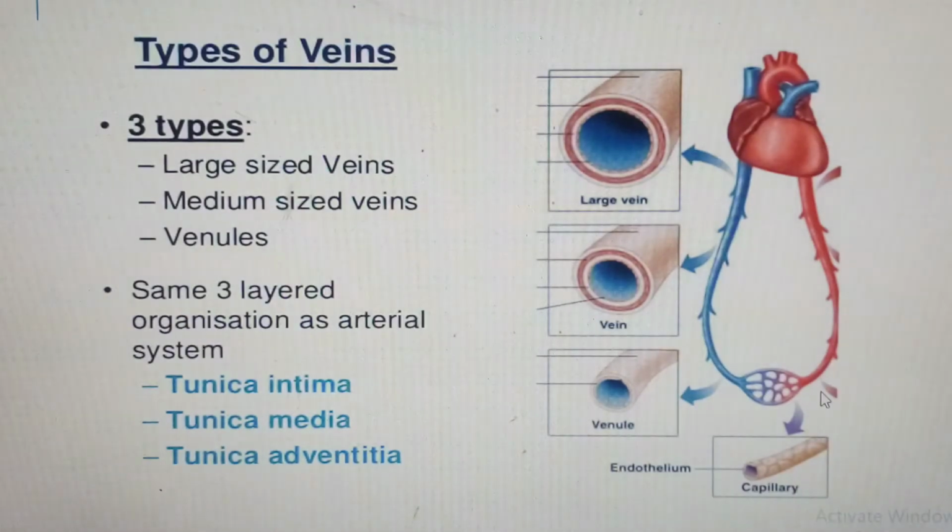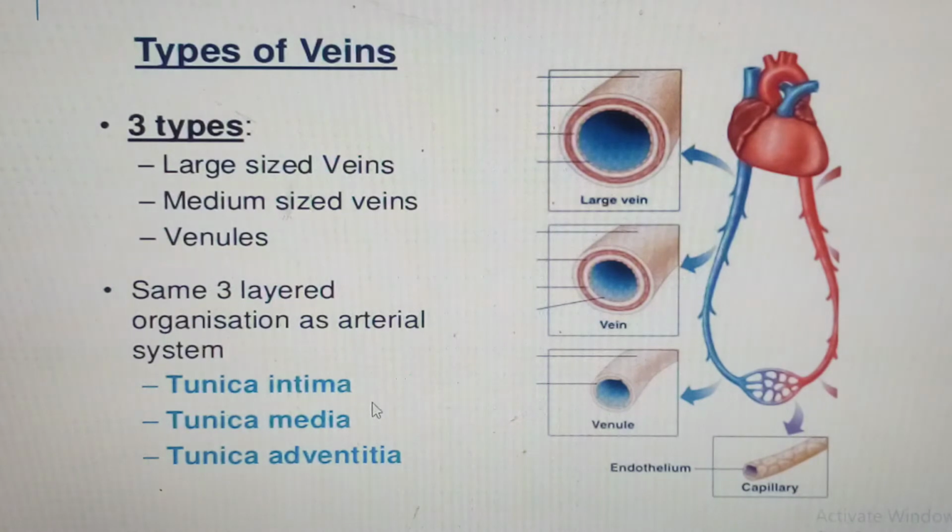So for veins likewise, we are going to have small-sized veins, the medium veins, and of course, we're also going to have venules, and they will have similar organization to that of the arterial system that we have. Only that there will be differences, especially at the tunica media. Tunica media of veins is less thick compared to the tunica media of arteries.